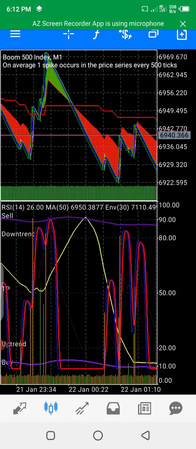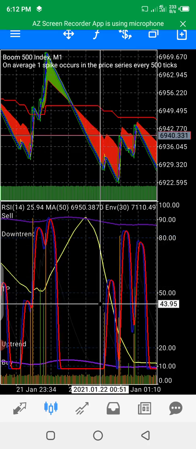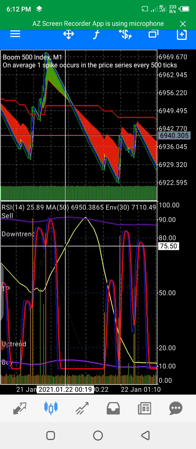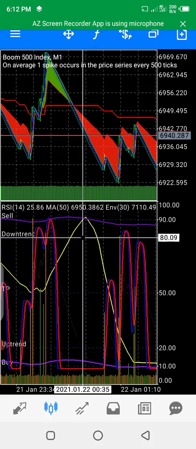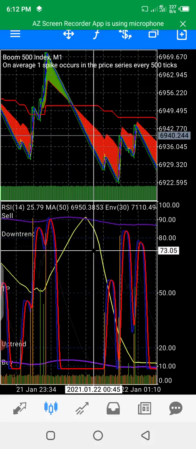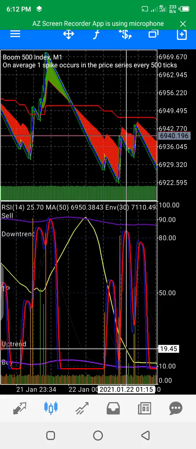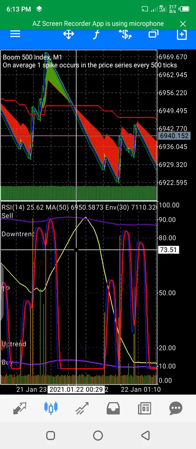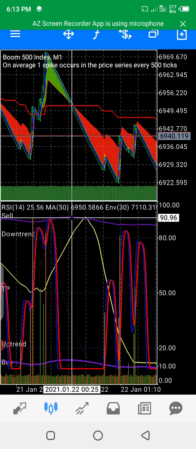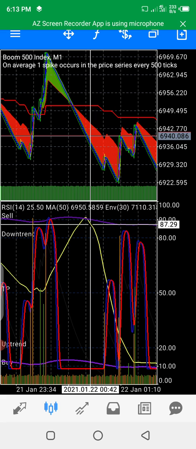Then I need to come to this window, the indicator window. We have this yellow line, and it's telling us the direction of the trend.